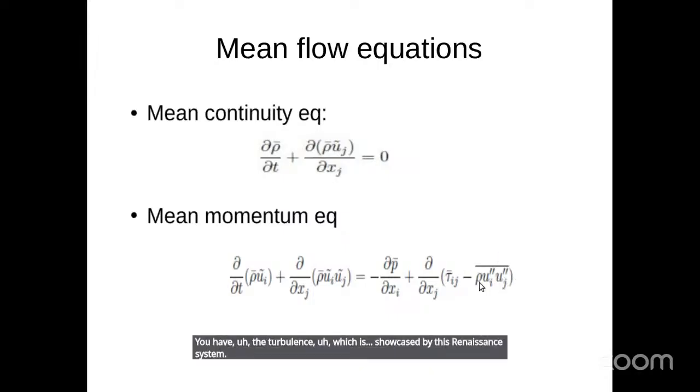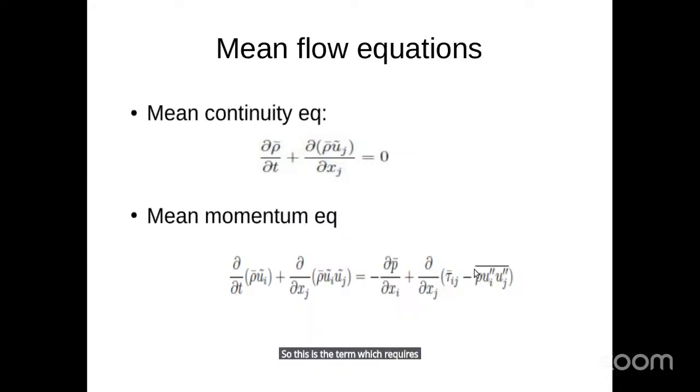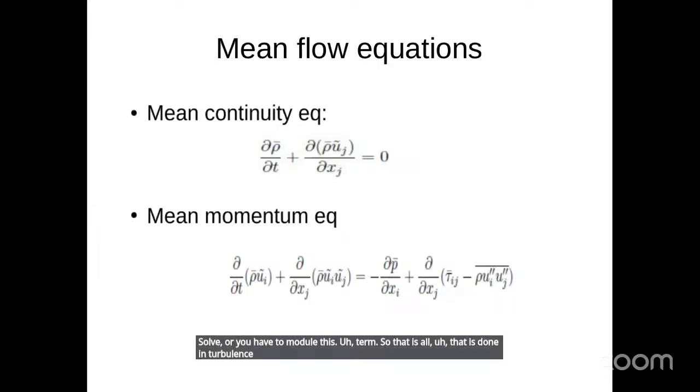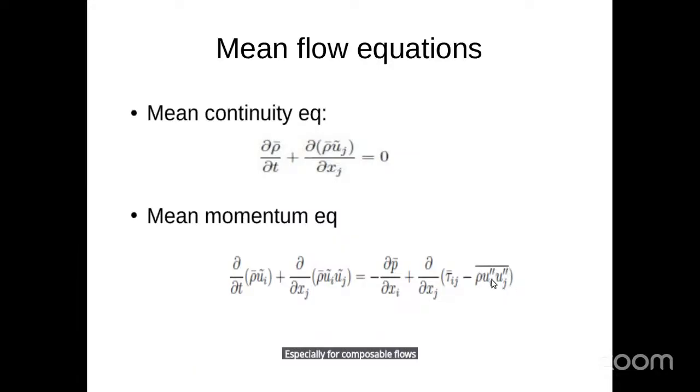This is the term which requires to be modeled when you are doing RANS. That means when you are solving for the mean flow, you have to model this term. That is all that is done in turbulence modeling, and this is not trivial, especially for compressible flows. Even in incompressible flows, it is challenging for complicated flow situations such as separated flows.